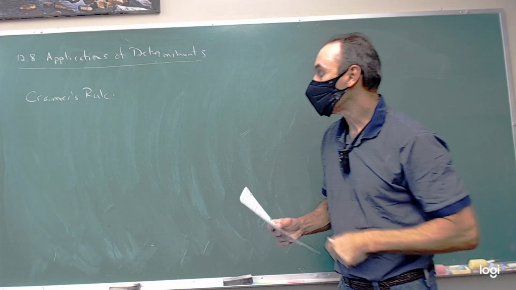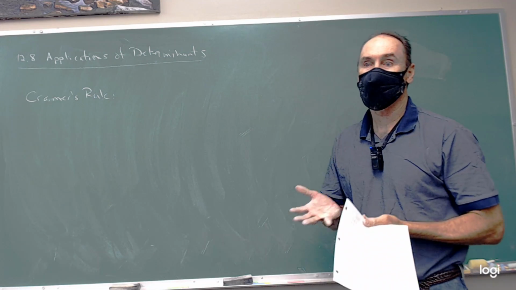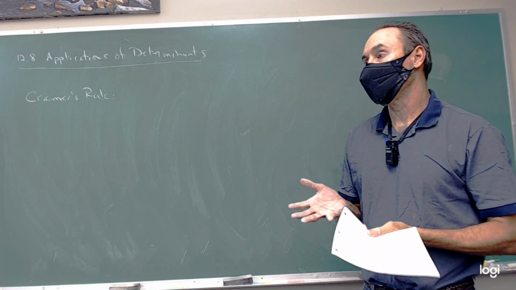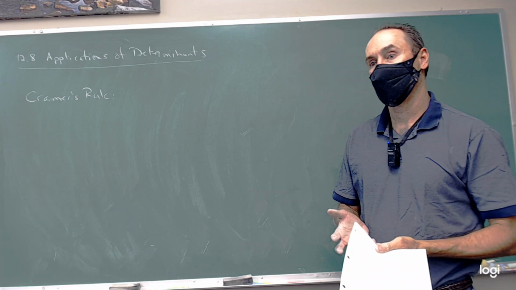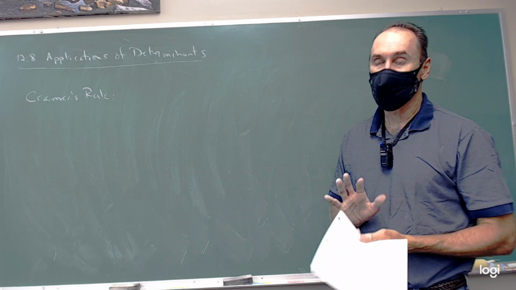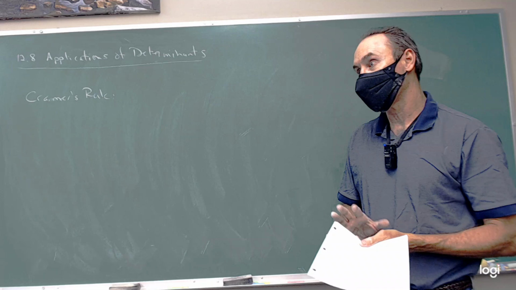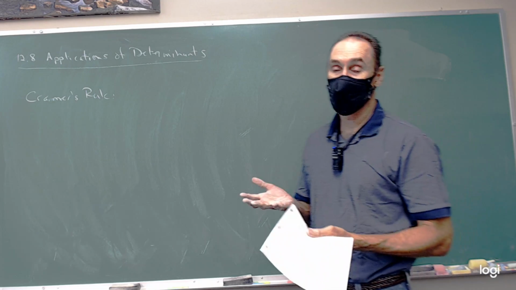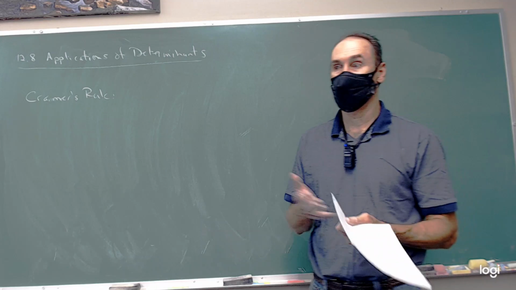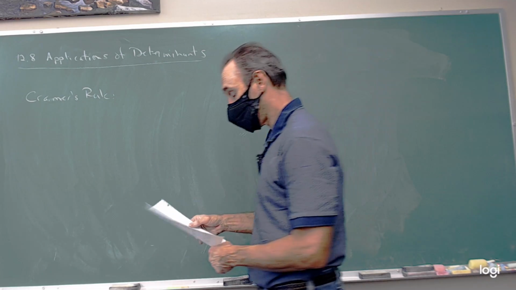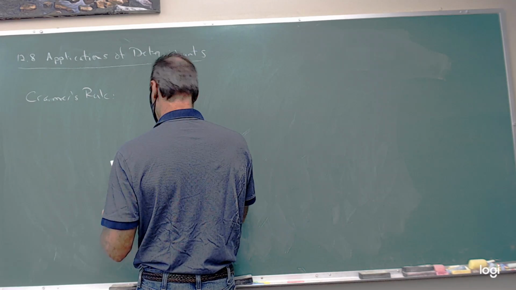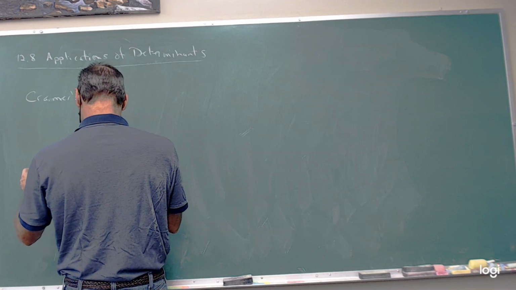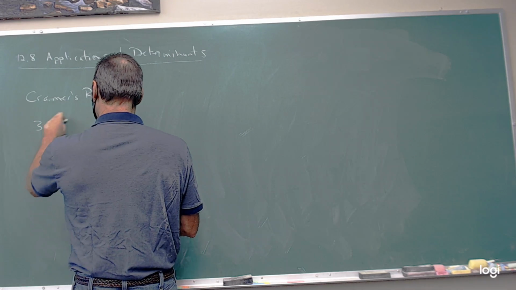So Kramer's rule is a way of using determinants to solve a system of equations. And this is not the greatest application of determinants in the world because you see how much work a determinant gets to be once it starts getting bigger. So there are better ways of solving systems of equations than Kramer's rule.